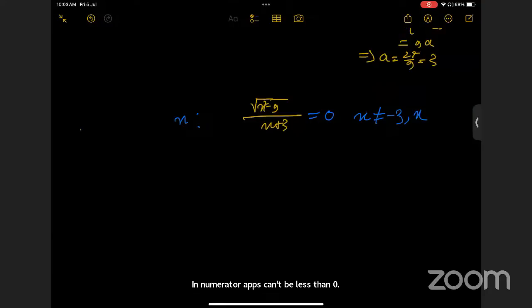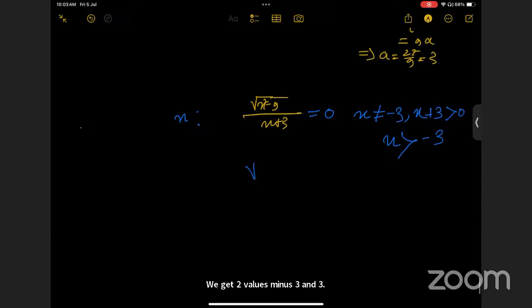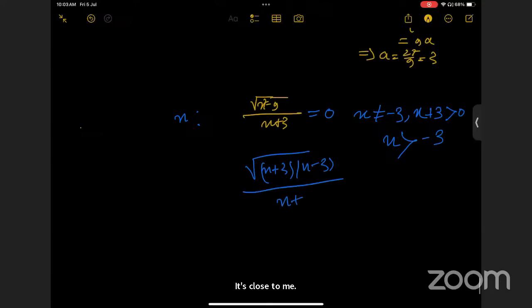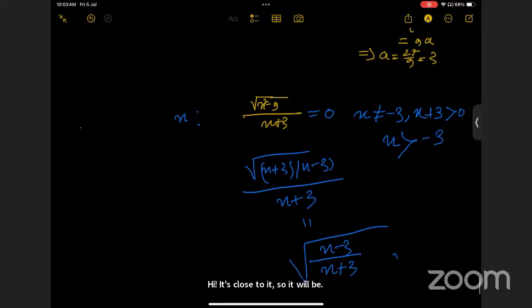From x squared minus 9 in the numerator greater than 0, we get two values, -3 and 3. And from here we have x plus 3, x minus 3 by x plus 3, right? So it will be x minus 3, x plus 3. So if we have x greater than -3 with this, then we are done, right?